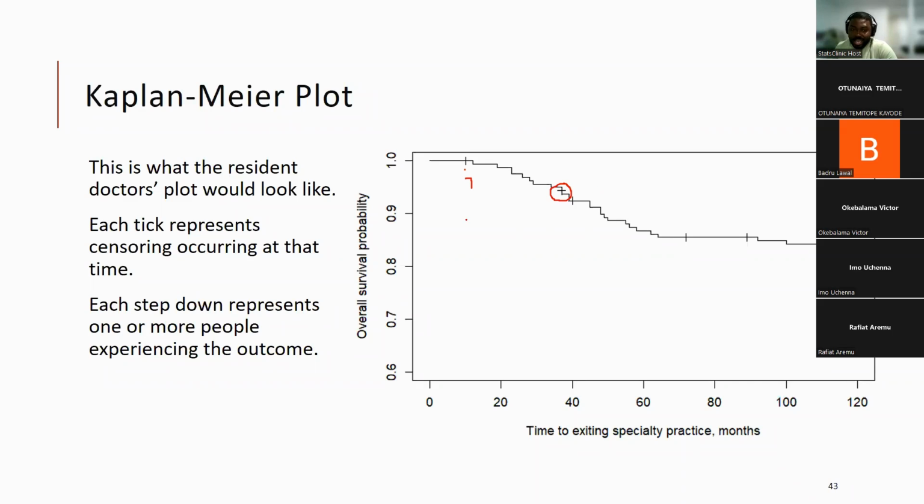And basically what this says is that when you start the population, you have everybody in your population. None of them have experienced the event. None of them is censored. But as you go over time, some people either experience the event or are censored. By the end of the study, it's either everybody has experienced the event or been censored, or you don't know whether they have experienced the event, and so you end the study and administratively censor the rest of the people.